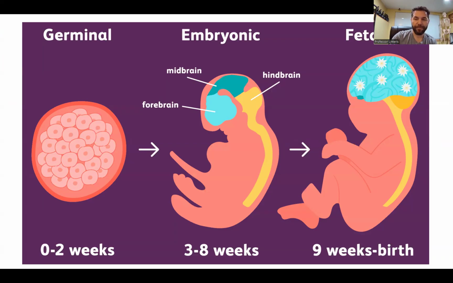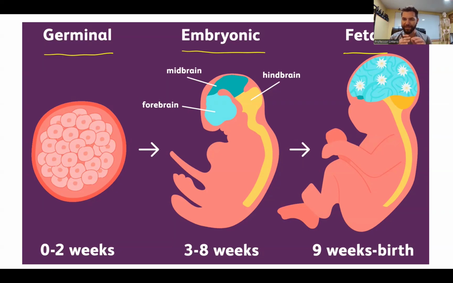This is showing you the germinal, embryonic, and fetal stages. The germinal is the first one, usually the first 2 weeks from fertilization on. Basically, what you have during this germinal phase is a cluster of cells. Then you have the embryonic phase, right? Usually up to 8 weeks post-germinal phase.